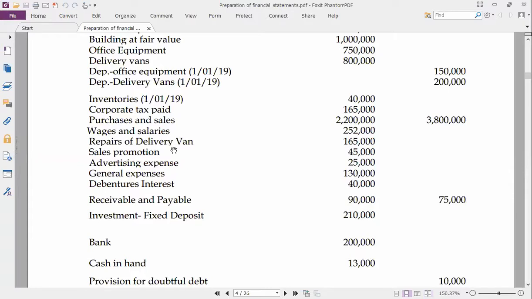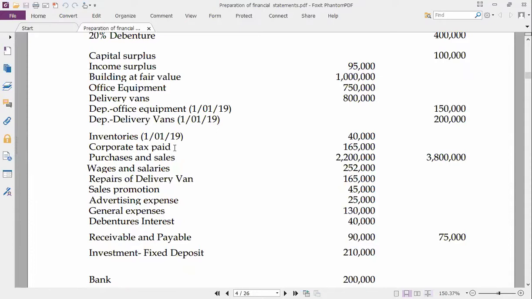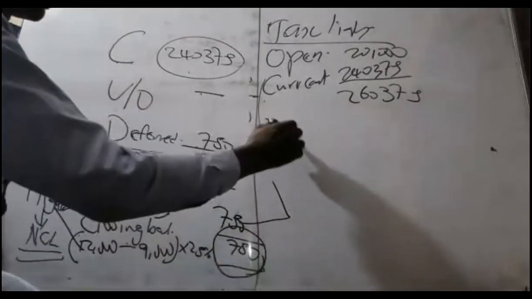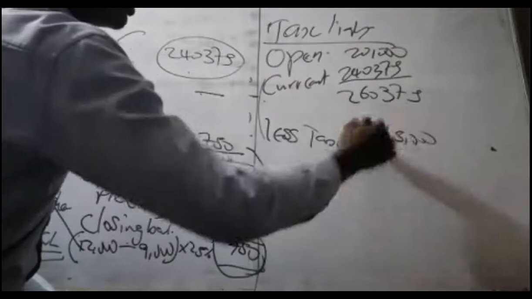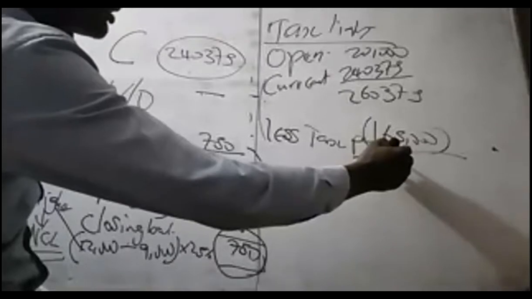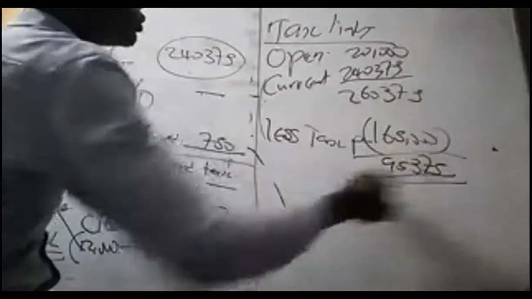Tax paid, tax paid. Is there any tax paid? Yes, tax paid 165,000. So basically you less tax paid, 165,000. You take it off. So you get 95,375.